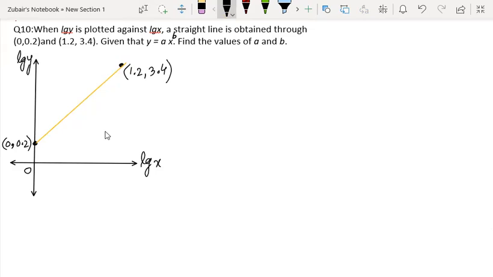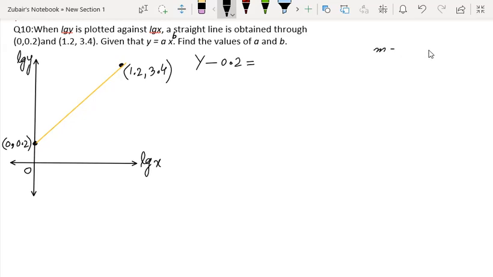Now the equation of the line through this should be using capital Y minus Y1. If Y1 is 0.2, I'm using one of the points, you can use any one of the points, so I'm using this one: y minus 0.2 equal to m, but where is m? We can find m here.